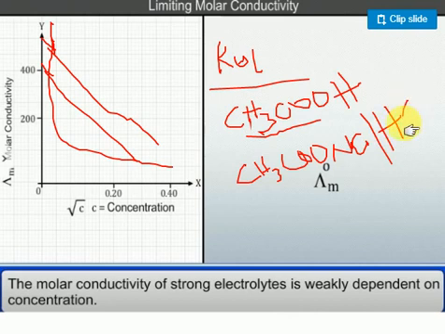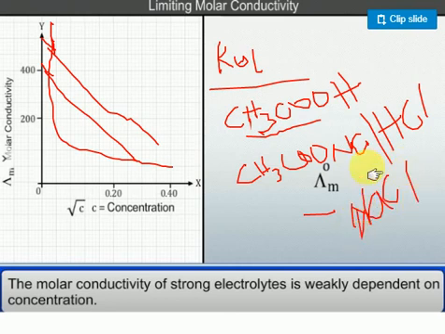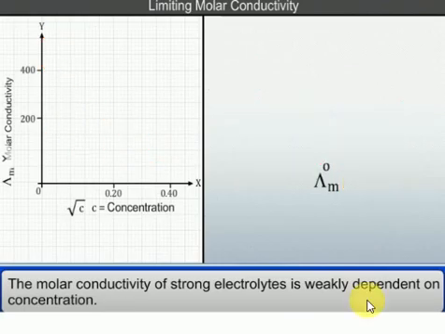When I add the conductance of these two and subtract NaCl, the Na will be cancelled and the Cl will be cancelled. What will we get? Acetic acid. Kohlrausch law has given the idea to calculate the conductance of a weak electrolyte by using this method only. So the molar conductivity value is given here.